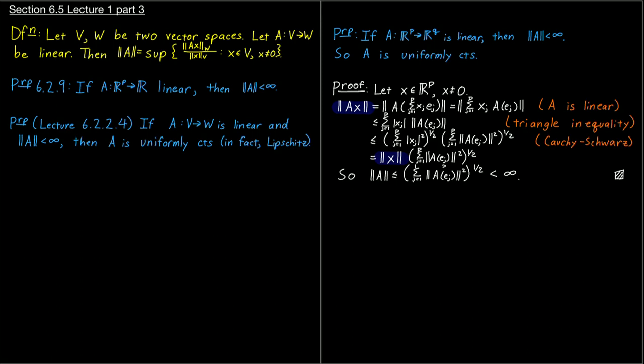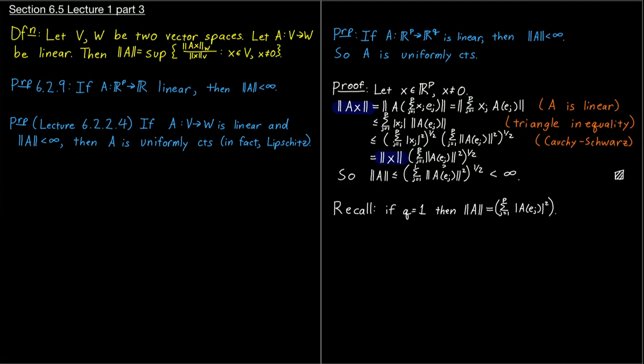And I want to point out one fact about this proposition, and that's a little bit different from the one-dimensional case. If q is 1, then the norm of A is actually going to be equal to this sum, you can find the right vector to get you as high as this.